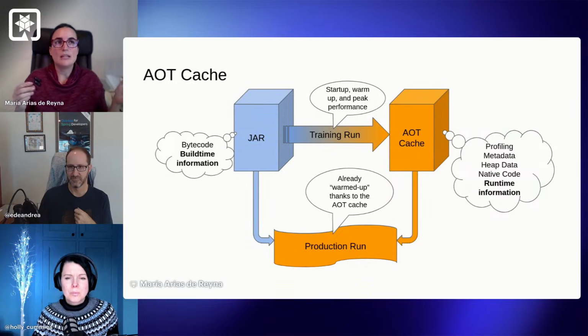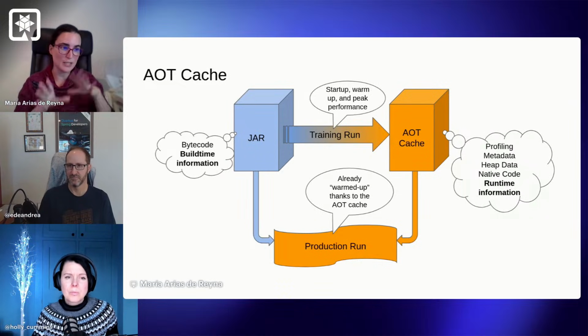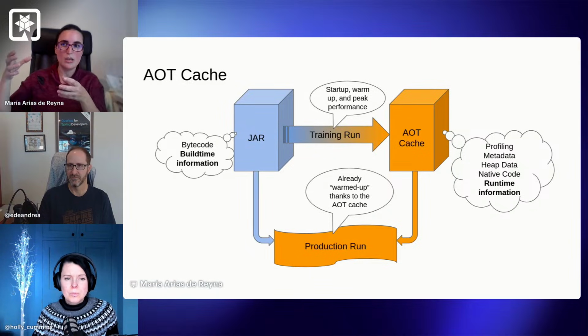And before CDS, we did it manually. Then with CDS, at least on OpenJDK, I can't speak about other JVM implementations, you always have this CDS that already preloads things that we know are always going to be there.